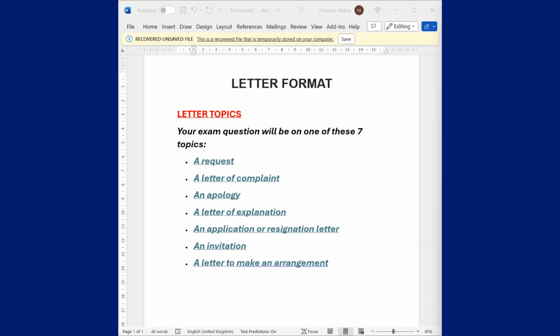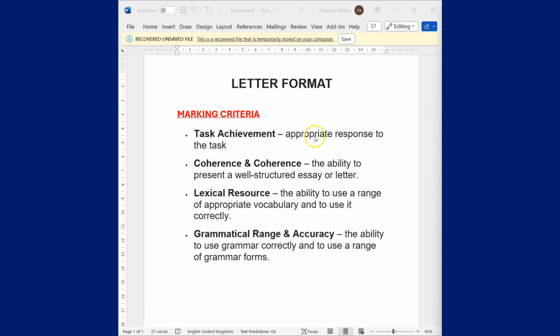We also learned that there are 4 criteria that you are marked on. The first is task achievement, where your examiner will be assessing whether you were able to respond appropriately to the task that was given to you. Also coherence and cohesion, where they will check the way you present your letter, whether it was done properly.